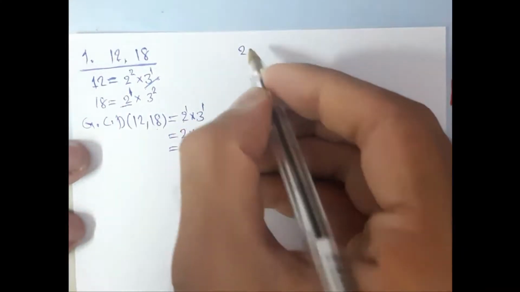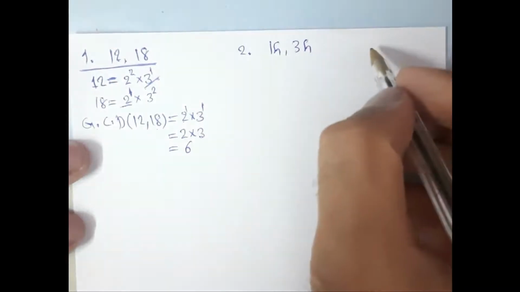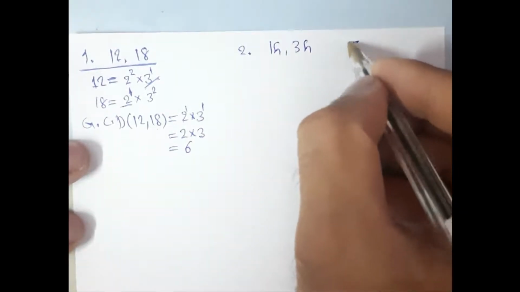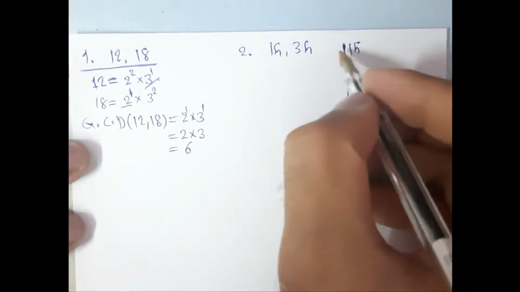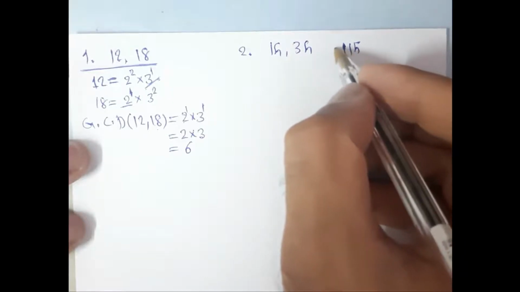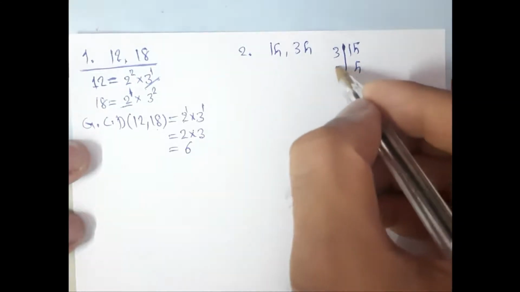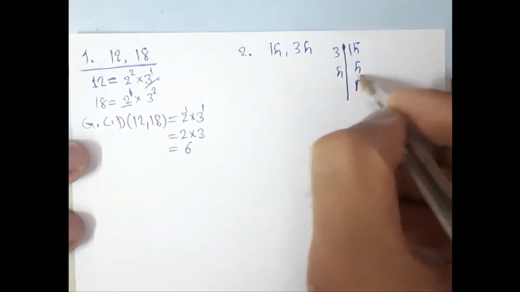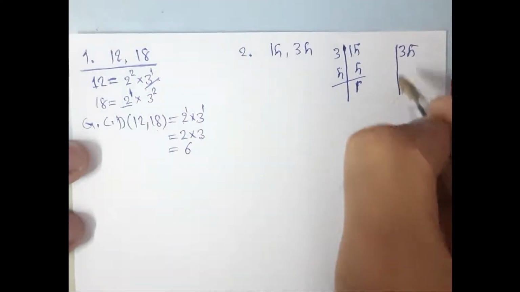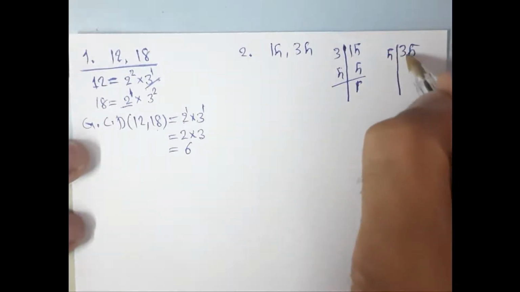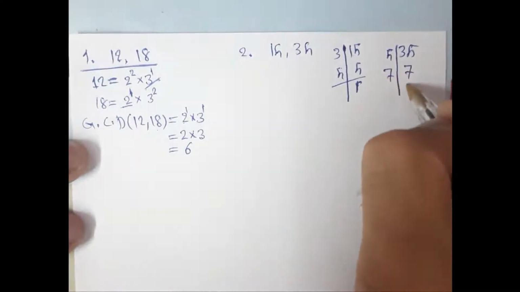Question 2, we had 15 and 35. First, we want to find the prime factors of 15. 15 divided by 3 is 5. 5 divided by 5 is 1. 35 divided by 5 is 7. 7 divided by 7 is 1.